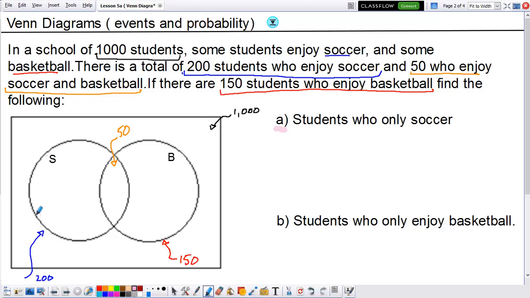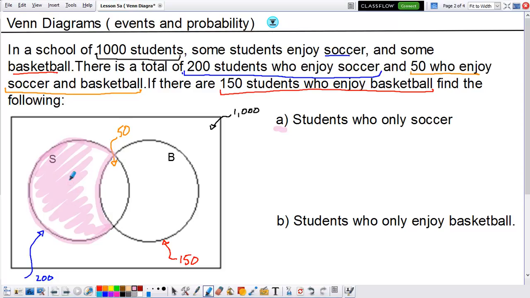So here's the soccer region. Well, we don't want to take into consideration this small region because here we have students who enjoy basketball and we only want those who enjoy soccer, just soccer. So this is the region that we're interested in. This region talks about those who just enjoy soccer.